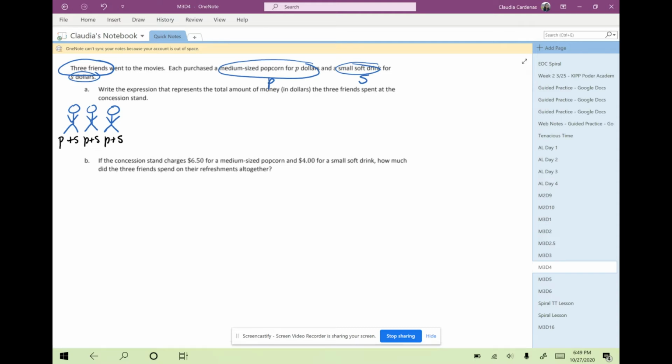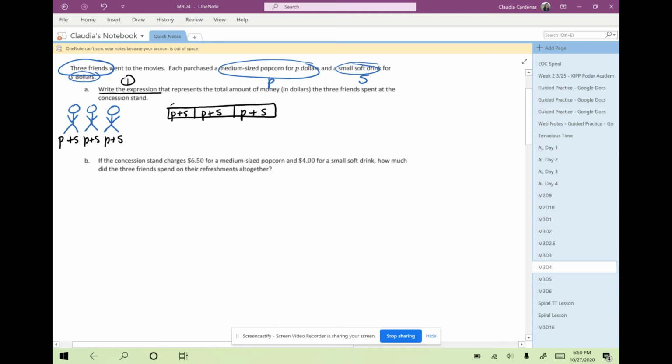Okay. Well, part A says to write the expression that represents the total amount of money in dollars the three friends spent at the concession stand. So we're just writing an expression right now. We're not solving it. So if I looked at this equation right here, or these variables that are starting to look kind of like an equation, I'm going to represent the three friends now with a tape diagram and show that every single friend bought popcorn plus soda, and popcorn plus soda.